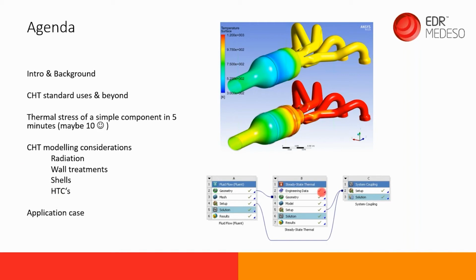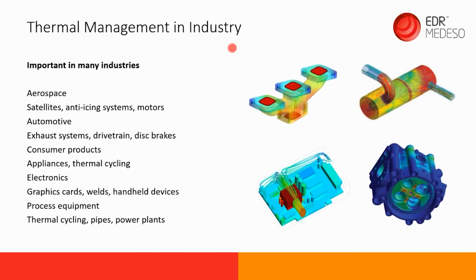So we'll move on to general thermal management in industry. There are hundreds of applications where you would find the need to do CHT analyses. Personally, I've spent a lot of time in recent years picking up automotive type cases, so things like thermal underhood, exhaust, catalyst systems, manifolds, and things like this.